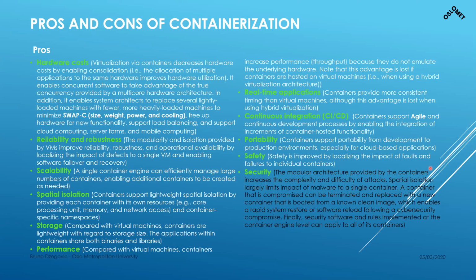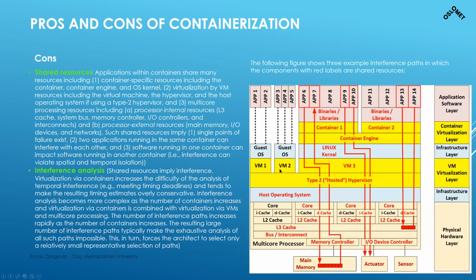In security, there are pros. Let's say this is also highlighted in black because security is a pro and a con at the same time for containers. The modular architecture of containers can make it more difficult for attackers to attack your infrastructure. But at the same time, if we look at the cons, security can become a problem because you will have more pathways that are exposed towards your lower level hardware.